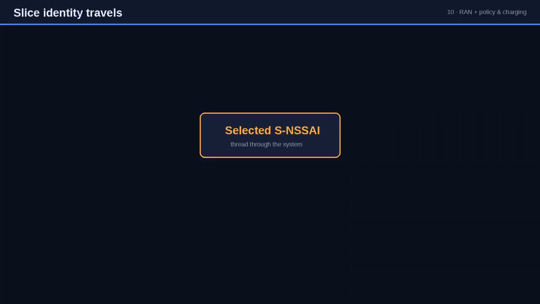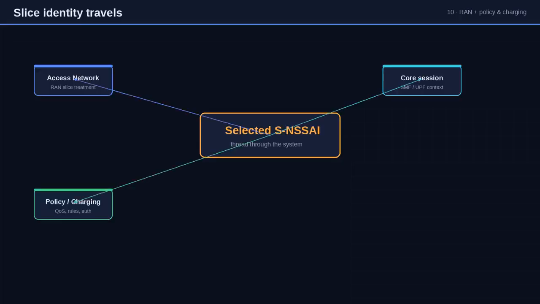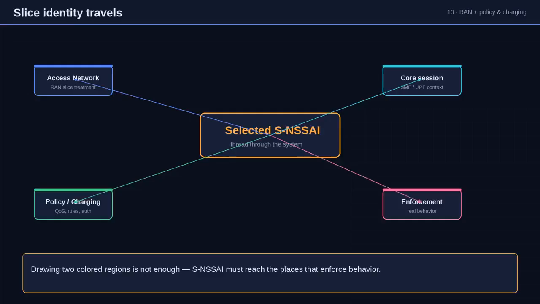Selecting functions is only half of making a slice real. The selected S-NSSAI is also supplied to the access network and to policy and charging functions. That matters because slice behavior is not only which UPF did we pick, it is also how the radio side treats the traffic and which rules apply for quality of service, charging, and authorization.